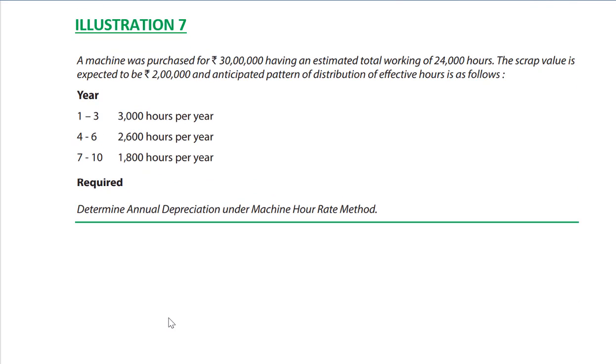Let's do illustration 7 on the basis of machine hour. A machine was purchased for rupee 30 lakhs, having an estimated total working of 24,000 hours.